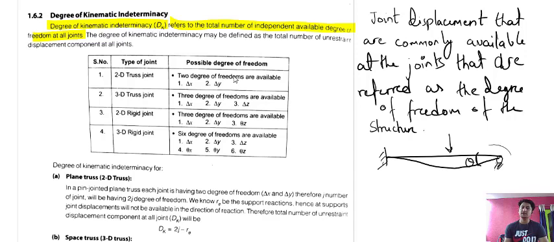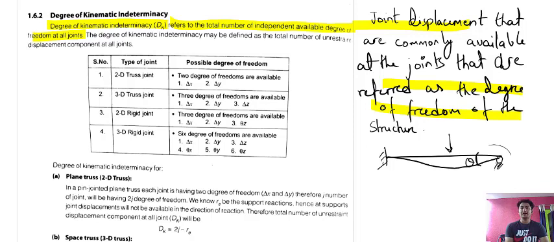So this is the degree of freedom, the joint displacement commonly available at the joint. Now dk refers to the total number of independent available degrees of freedom at all joints. In total we have to count.